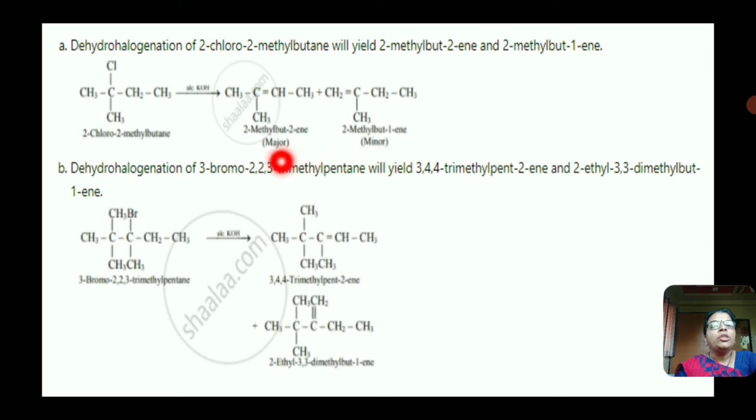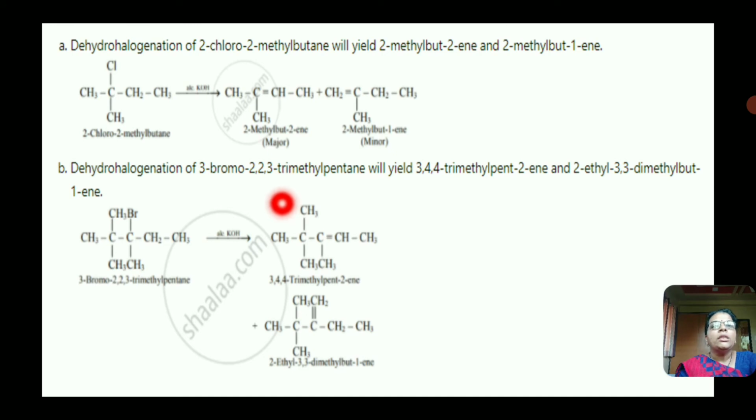The major product is obtained according to Saytzeff rule, which gives the most substituted alkene. Its carbon-carbon double bond is bonded to three alkyl groups, CH3, CH3 and C2H5, but in the minor product the double bond is bonded to only CH3 and C2H5 group. Therefore this is the most substituted alkene, obtained as the major product.